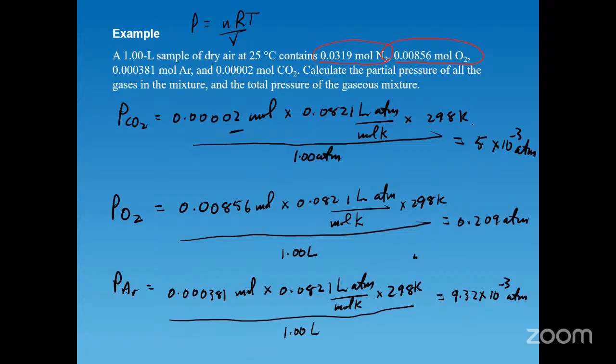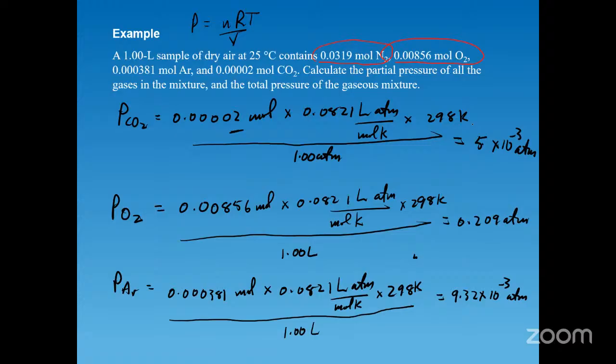And then the second part says the total pressure. So basically you have to add up all these values. Now the first one I erased. Can you remind me what that was? The very first pressure I calculated. 0.78. Is it 0.780? Yeah. Oh, okay.